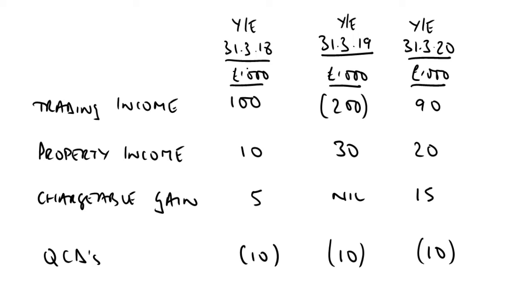So we can see here that there was a chargeable gain of just £5,000 in the year ended 31st of March 18, nothing in the year ended March 19, and net gains, I should probably more correctly say, of £15,000 in the year ended March 20. Across the board here in each of these three accounting periods for this company, the company has made qualifying charitable donations. That's what the QCD stands for there, qualifying charitable donations of £10,000.